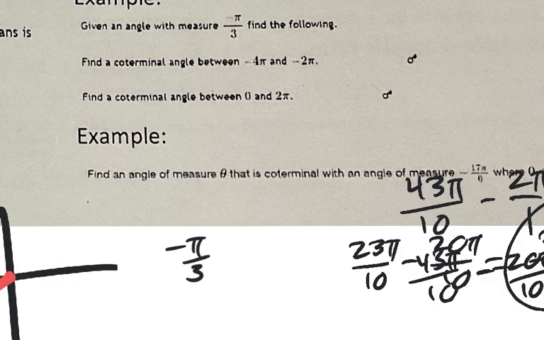I need to get to at least negative 2 pi. So how could I find a coterminal angle? By subtracting 2 pi. What would 2 pi look like this time once I get a common denominator? It's going to be negative 6 pi over 3. You okay with that? Common denominator?